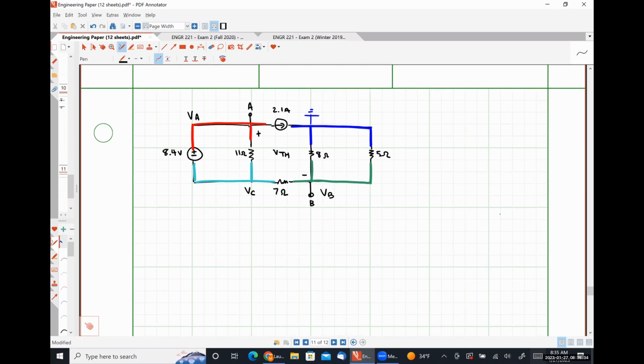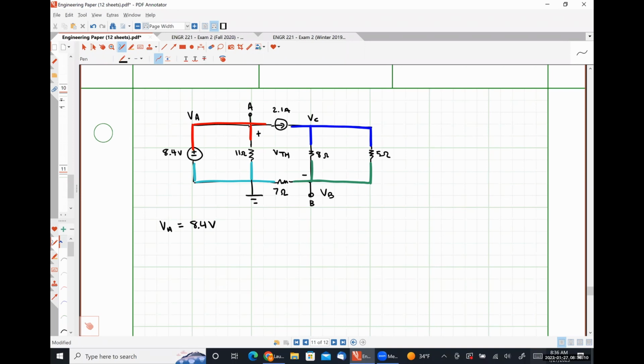Because of our choice for where ground was placed, with this change we can see from the jump that our voltage relationship is VA equal to 8.4 volts.